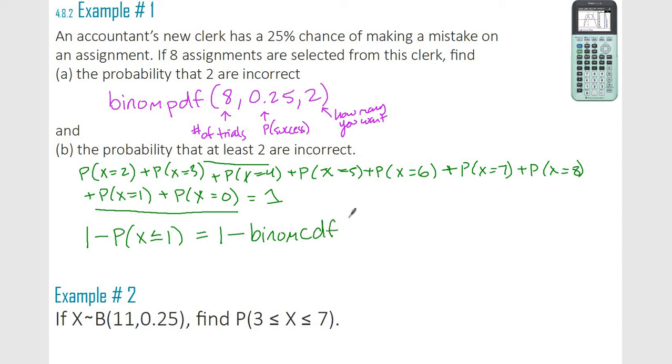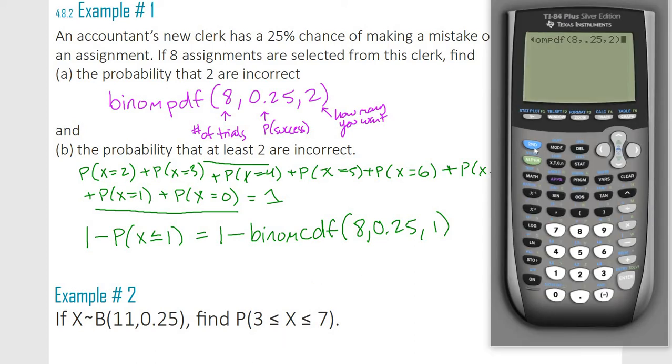And then we do the number of trials, the probability of success, so getting something incorrect, and we want 1 or less, so we put 1. It always does less than, so remember we wanted the greater than, that's why we have to do 1 minus that probability.